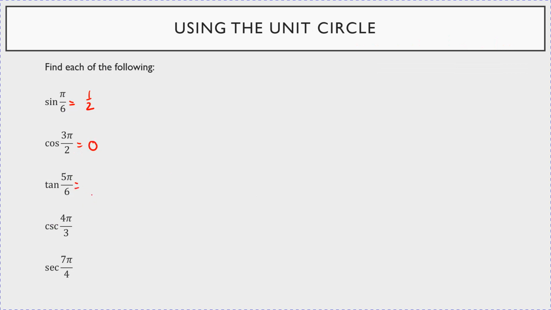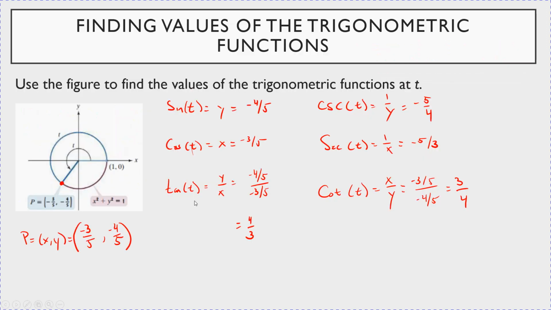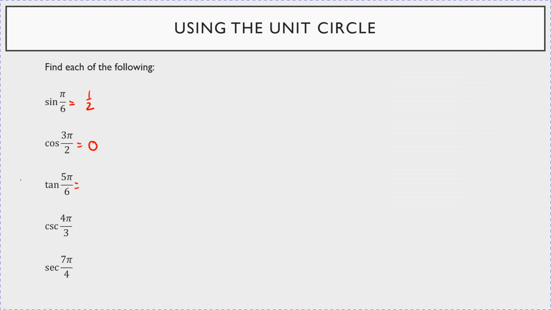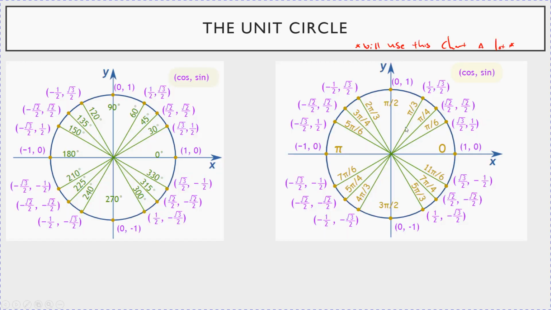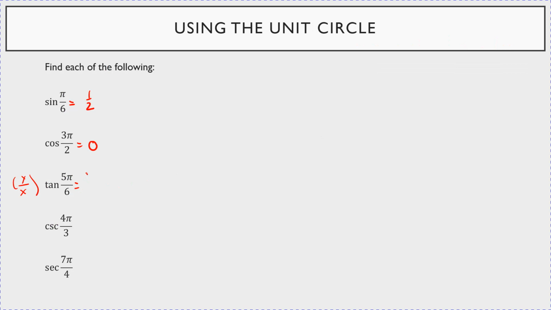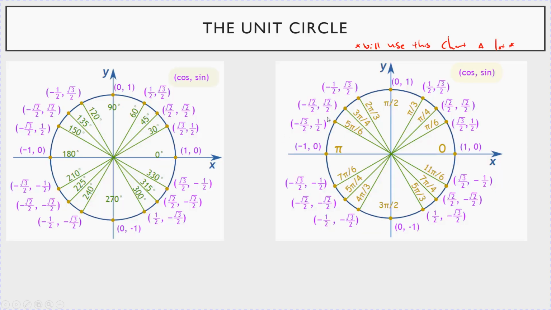Tangent. Okay, remember what tangent is. Tangent is the y over the x. So I'm going to go to 5 pi over 6. It's right here. So it's the y value, which is 1/2, divided by the x value, which is minus the square root of 3 over 2.